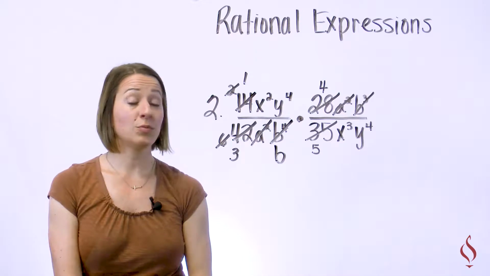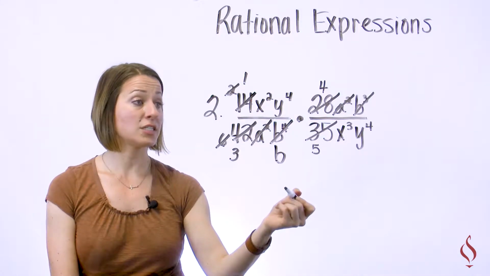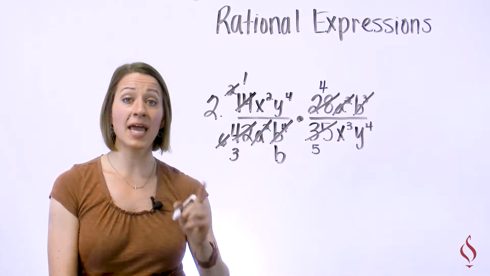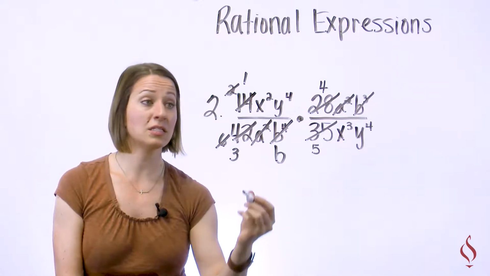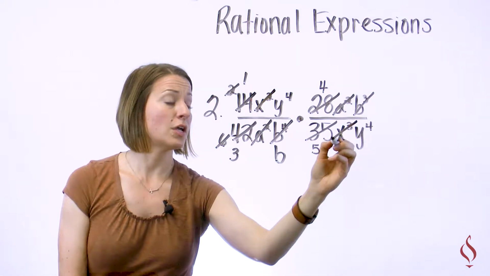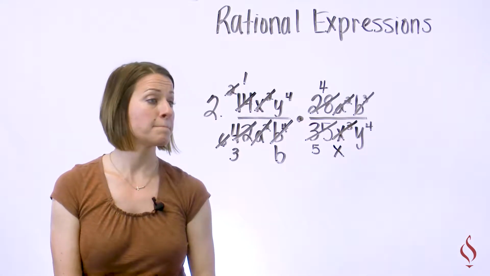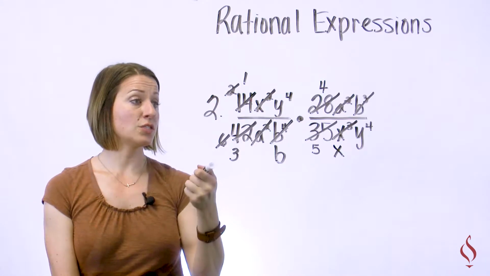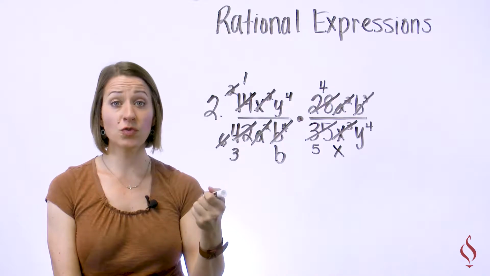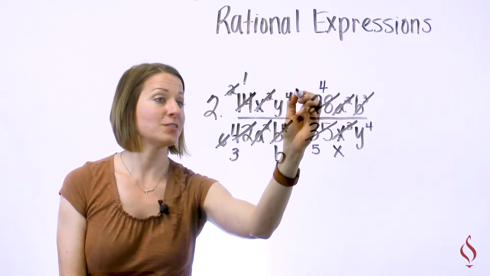Take a look at the variable x. We have x squared in the numerator, x cubed in the denominator. There's 1 extra x in the denominator. So if we cross out these 2 and cross out 2 of those, we're left with an x. And then notice for the variable y, there's 4 in the numerator and 4 in the denominator, and so both of those cancel.